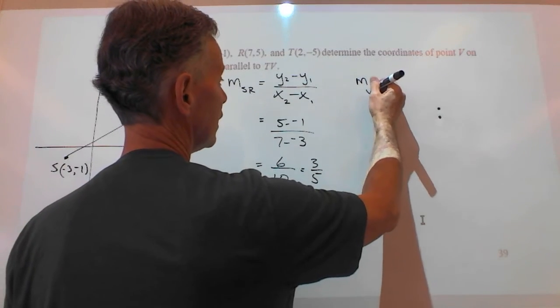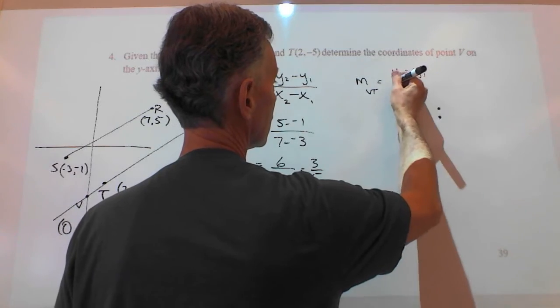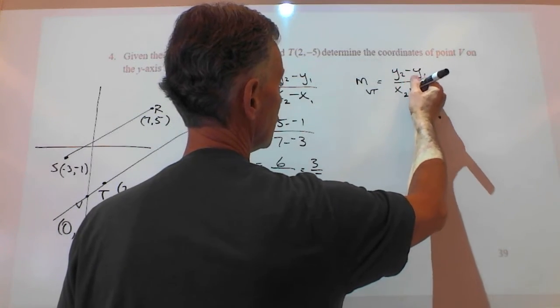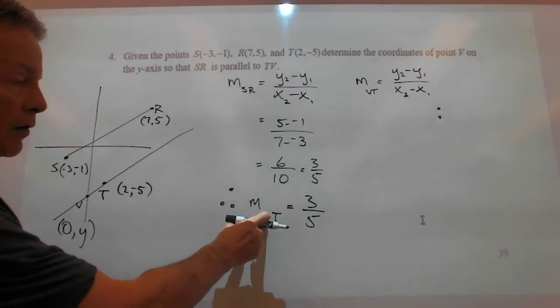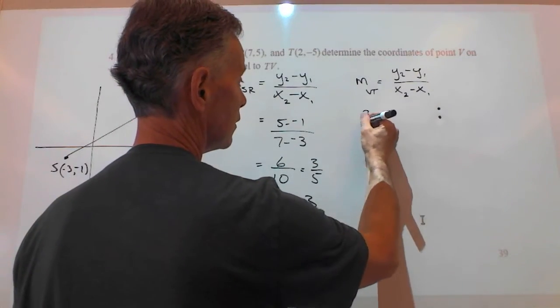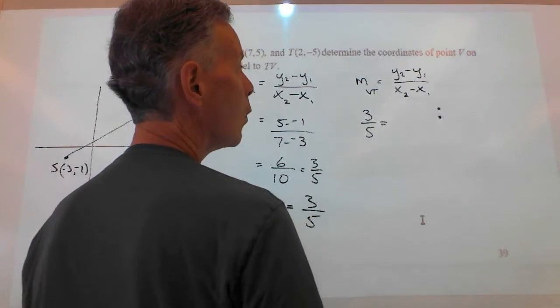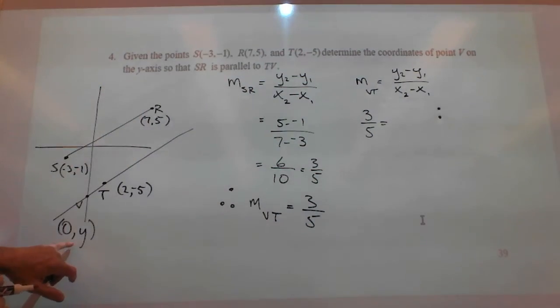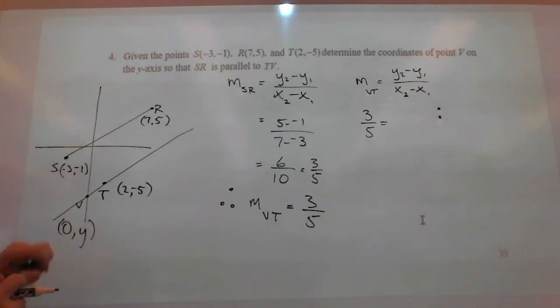So slope VT equals y2 minus y1 over x2 minus x1. Again, we know the slope of VT, plug it in. We know one of our y values is -5 and the other one is y.